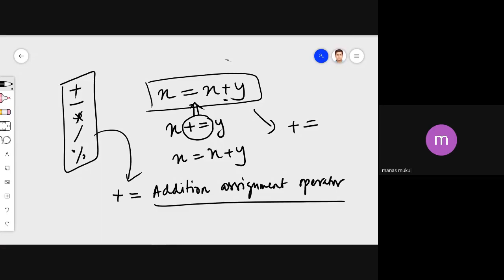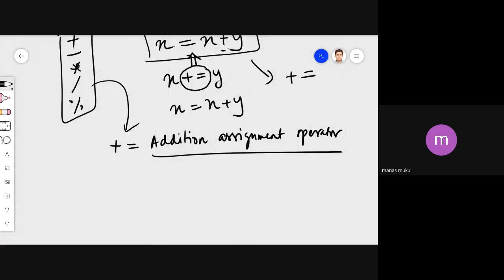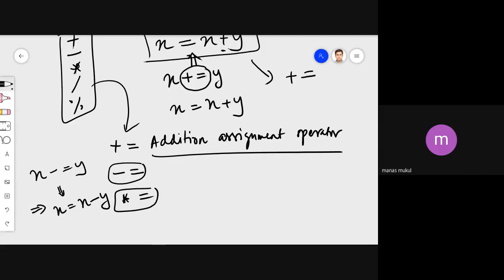So we can have plus equal to, then we can have minus equal to. If I do x minus equal to y, this is equivalent to x is equal to x minus y. This is a special operator called the subtraction assignment operator.